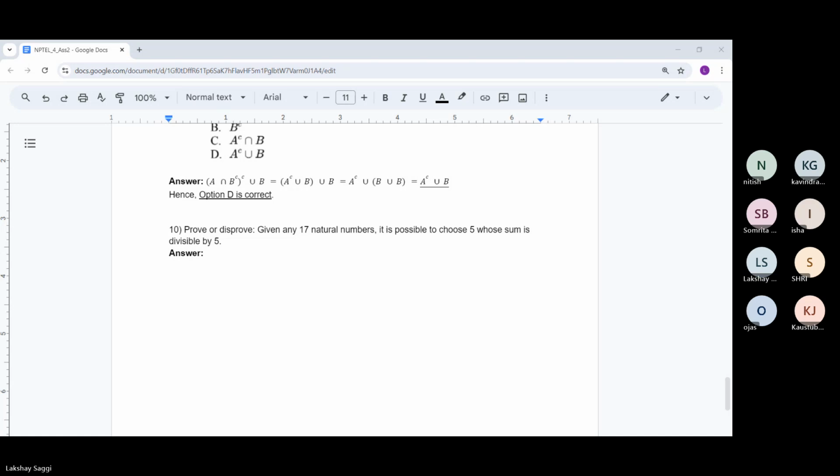Okay, so Shri is saying that this is true, and Ojas is saying that this is not true. So, any intuitions behind your claims, Shri and Ojas? Okay, so Vastav is also saying that this is true.